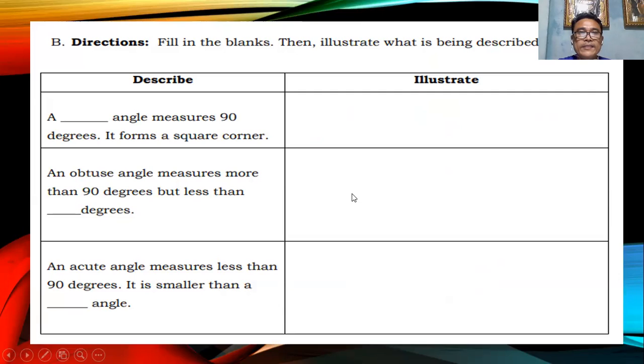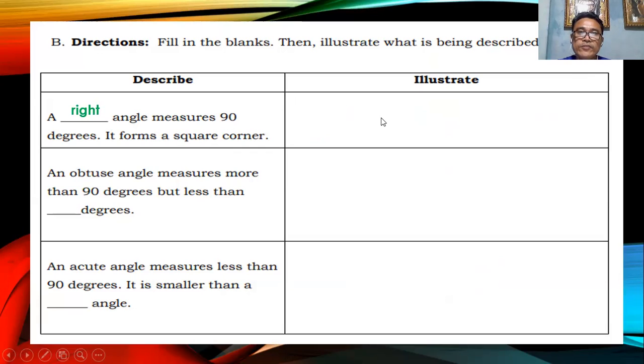Fill in the blanks, then illustrate what is being described. Okay, a blank angle measures 90 degrees. It forms a square corner. So what is your answer? The correct answer is right angle.